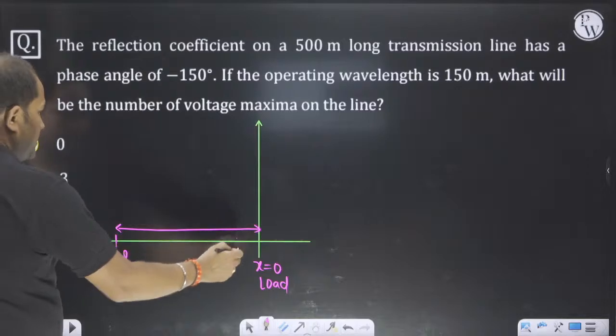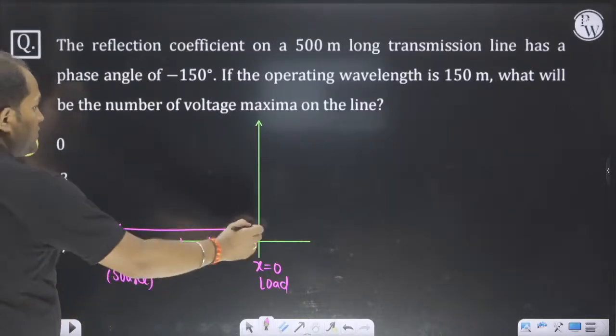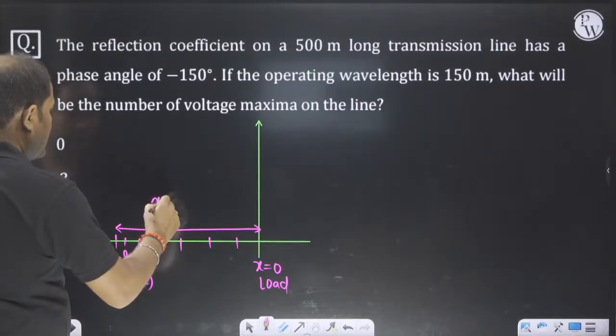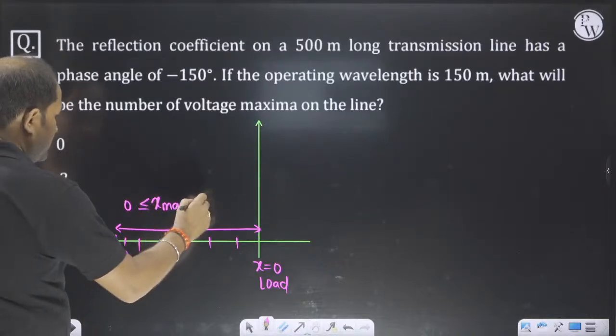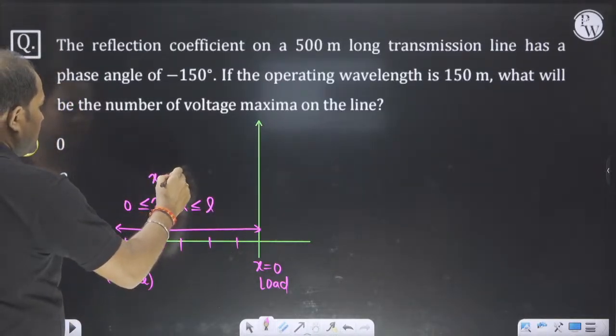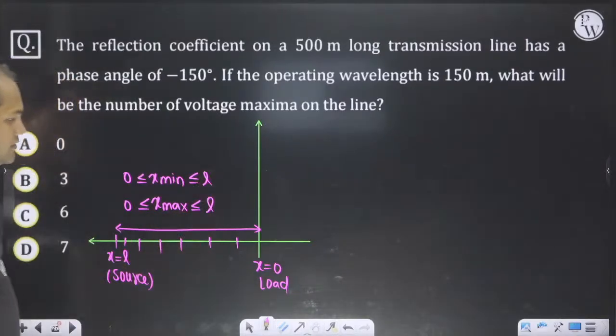In between them there are maxima, minima, maxima, minima. So x max will lie in this range only, 0 to L, and x min will also lie in this range only, 0 to L.